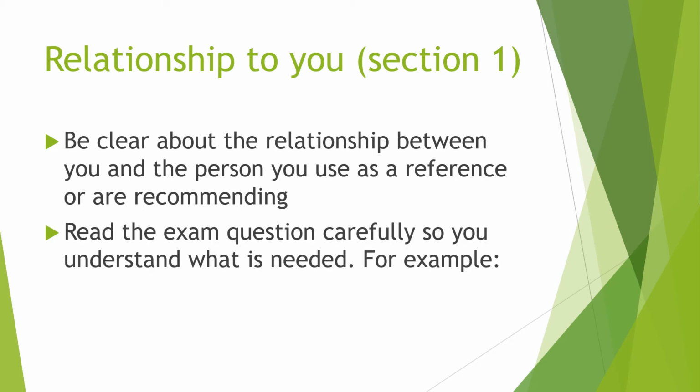Read the exam question carefully so you understand what you need to write here. So for example, if you need a reference for a job, you would not ask a friend for that reference. Usually you would ask a current or a previous employer. So a suitable answer would be previous employer, not friend.